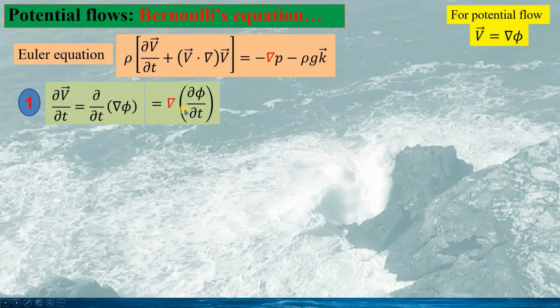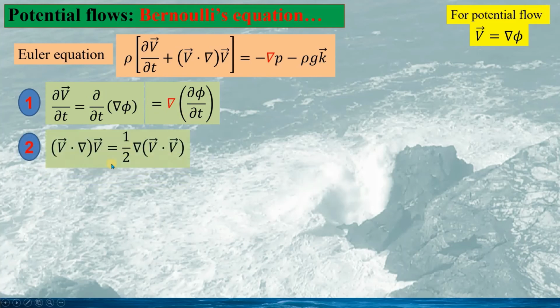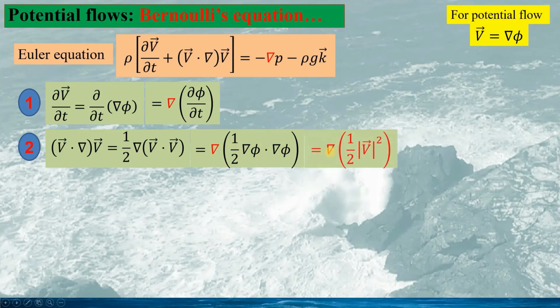So we have the expression as this. And in the previous slide, we have already obtained the convective acceleration given as this. So we have the expression as this, the gradient of this expression. And we can also write this into an expression as this.